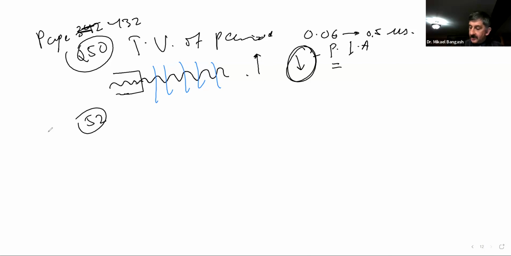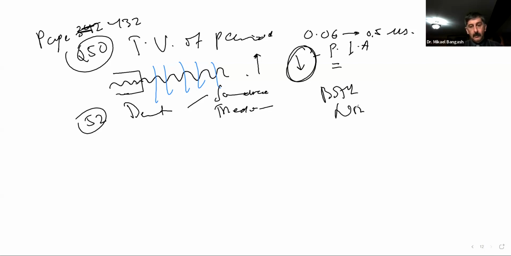Question number 52. What determines the period of an ultrasound wave? When we say determines, it could be the source, or the medium, or it could be both, or none.